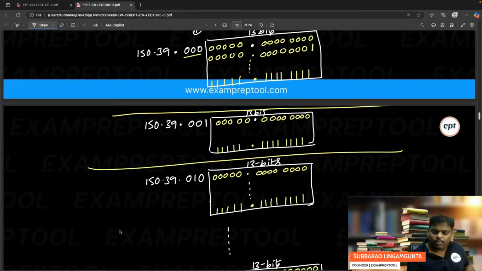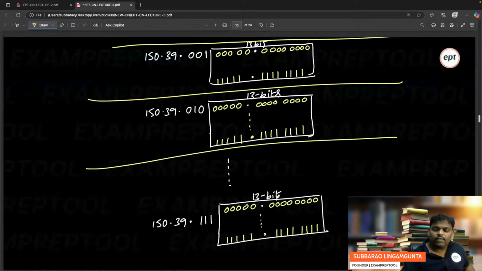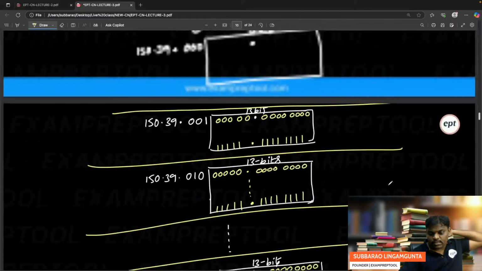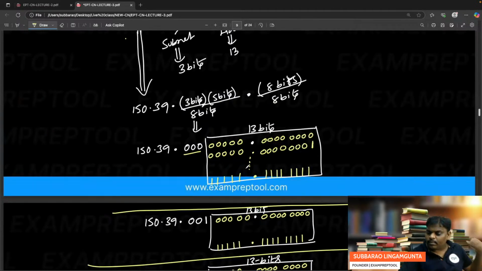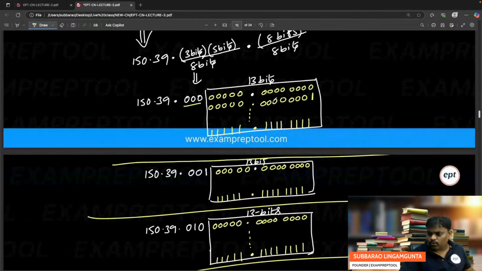Remember, subnet purpose 3 bits, because with 3 bits there are 8 possibilities. And one more interesting thing: actually it is subnet number 0. If you write the proper number, it is 0.